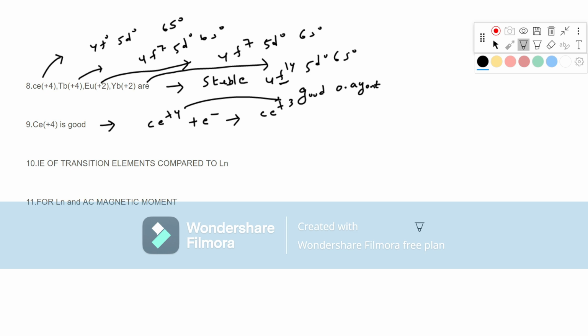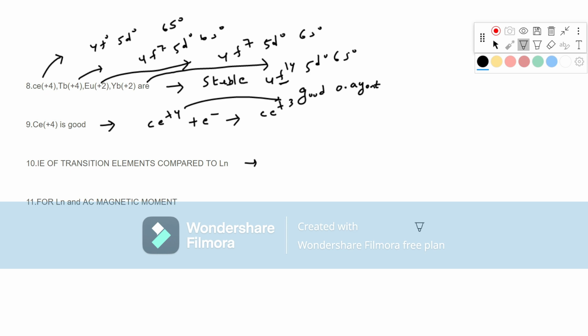Important. So next, if you take ionization energies of transition elements compared to the lanthanides, is the ionization energy of transition elements high or of lanthanides high? The answer is that the ionization energy of transition elements is very high. Why?